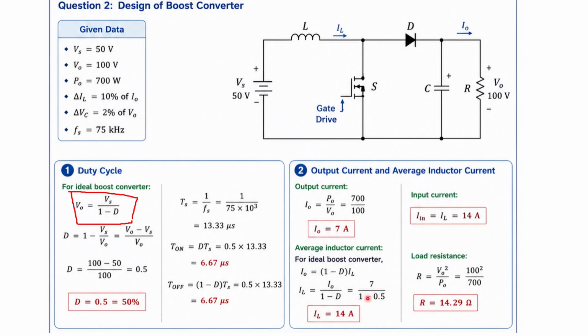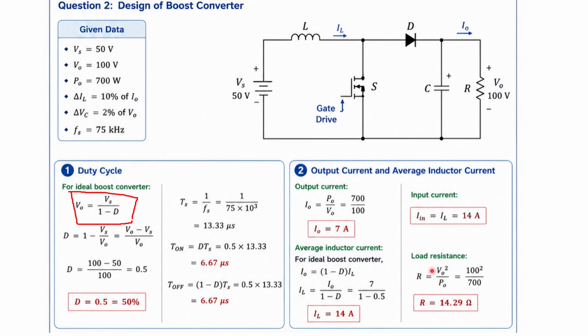So 1 minus 0.5 gives IL is equal to 14 ampere. This is the average value of inductor current. And this inductor current is the same as the input current. Whatever inductor current there is has to be supplied from the source. So the inductor current is equal to the input current, that is 14 ampere.